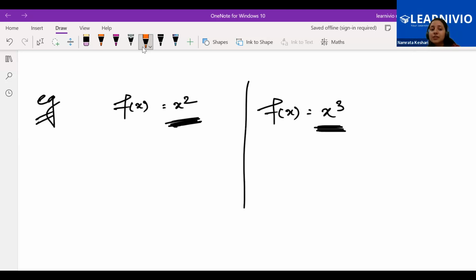Now we will see, these are a few examples of polynomial function, how exactly we will get the graph for this one and the graph of the other one. Better let me show you on the other screen. Just a moment.